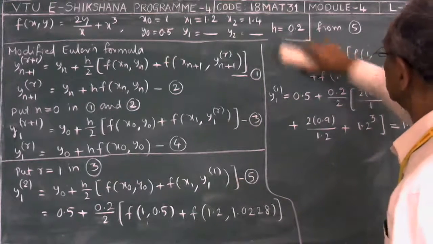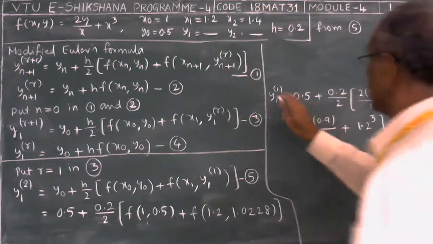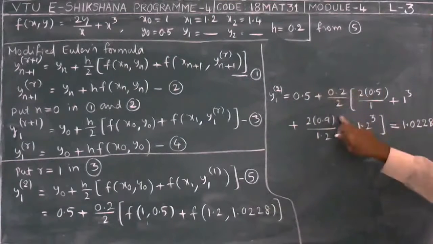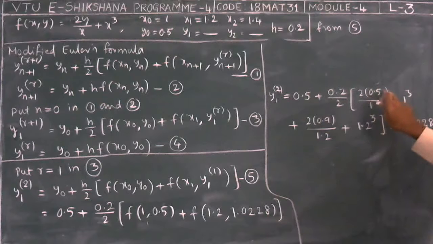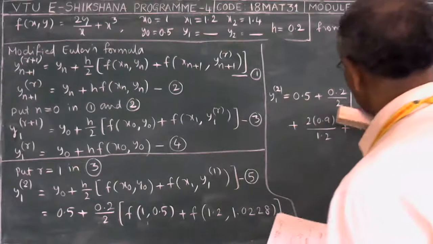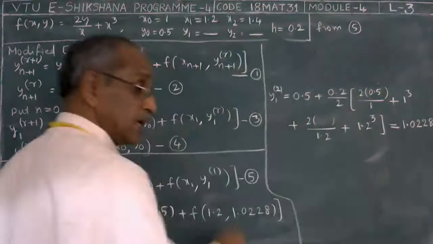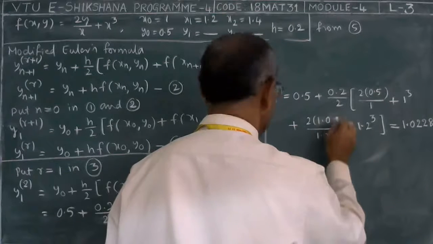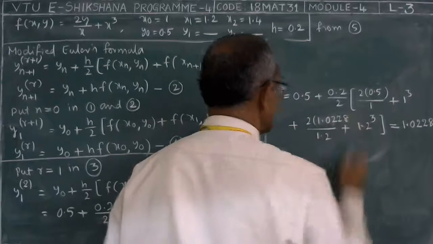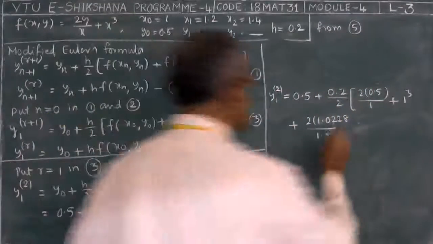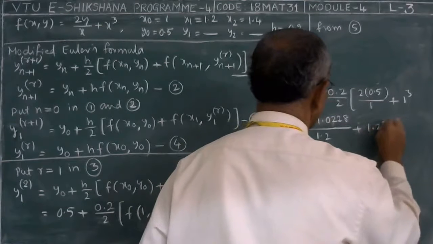So y12 is 0.5 plus 0.2 by 2 times: 2 into 0.5 divided by 1 plus 1 cube, plus 2.2 into y, which is 1.0228, divided by 1.2 plus 1.2 whole cube.